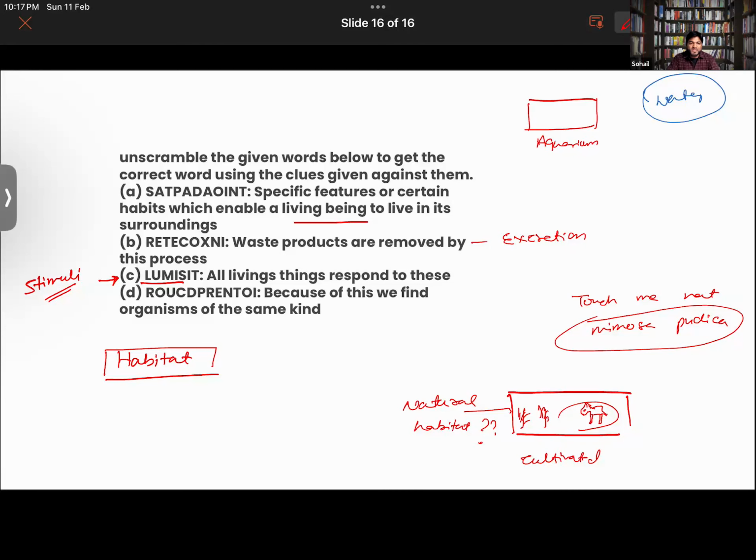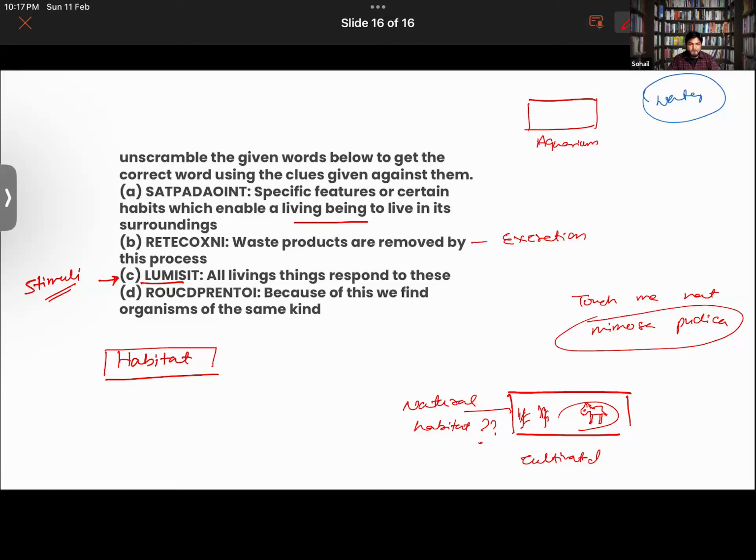So habitat has to be a natural environment where the organism is living, and it should be providing the organism with all the necessary things to stay alive, namely food, shelter, proper climatic conditions as well. Getting it now?